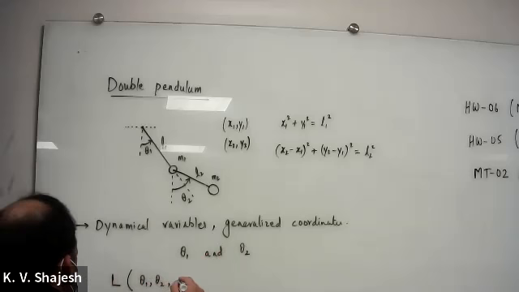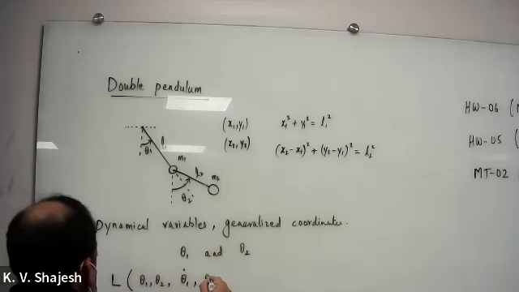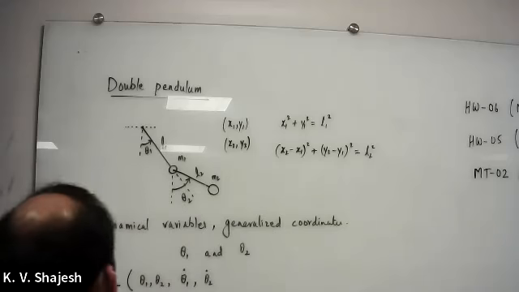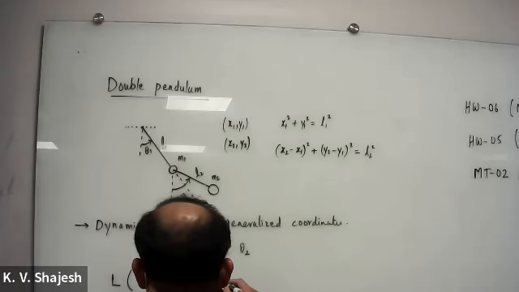You can have the velocities related to that, so θ1 dot, θ2 dot. Right? That's clear, the derivative of θ1 with respect to time. How does it move? And in general, it could have time also.